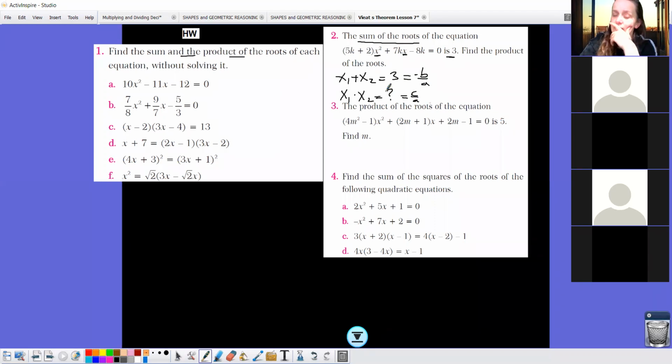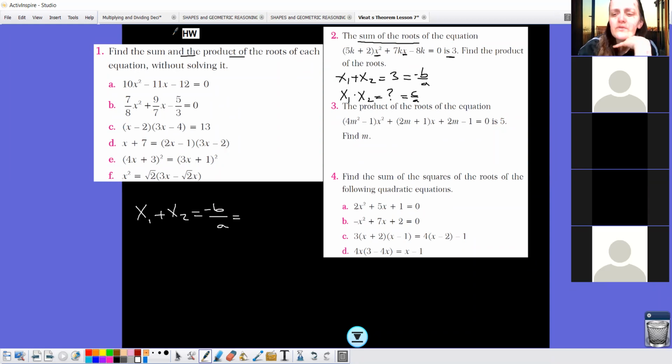Right here, we have x1 plus x2. We said that it is -b over a. And let's see what our b is in this equation: 7k over 5k plus 2.